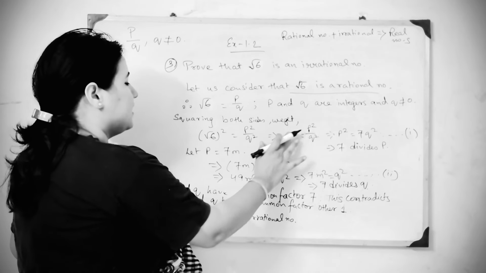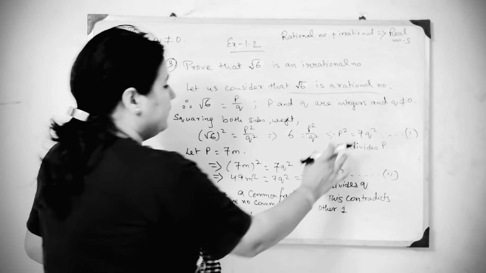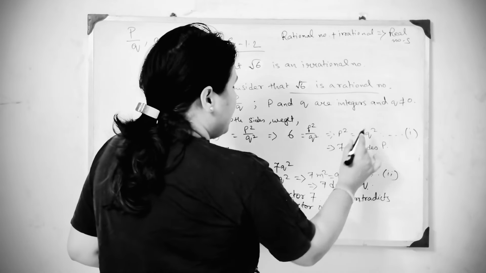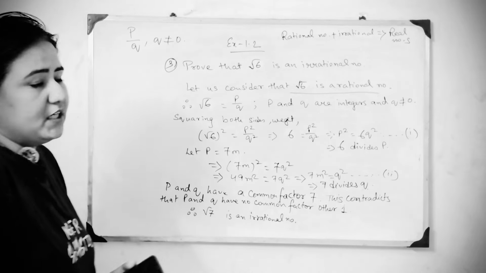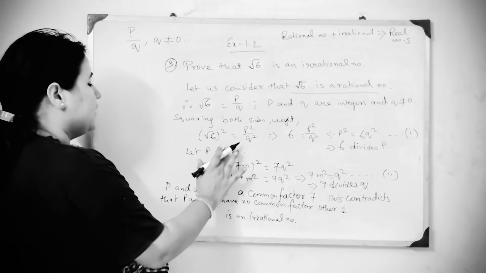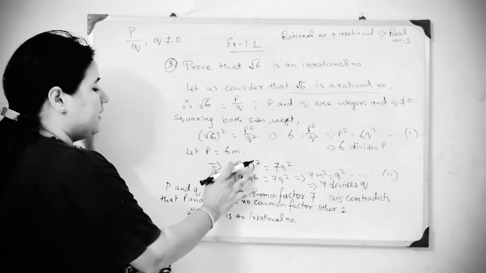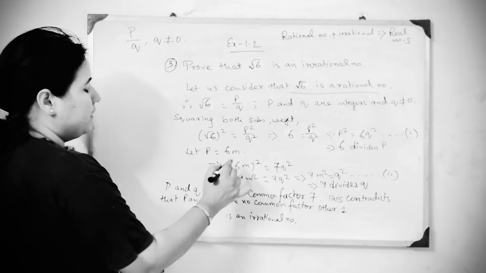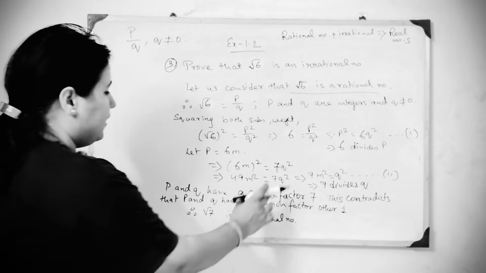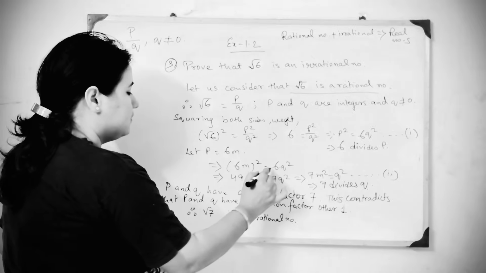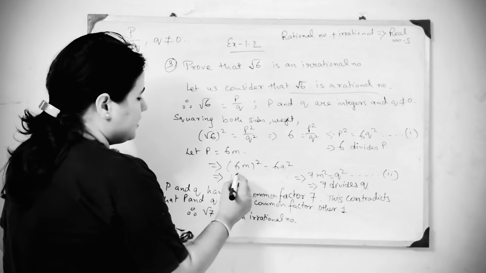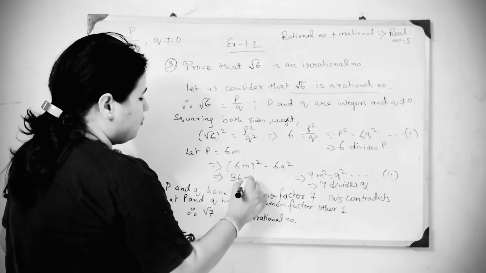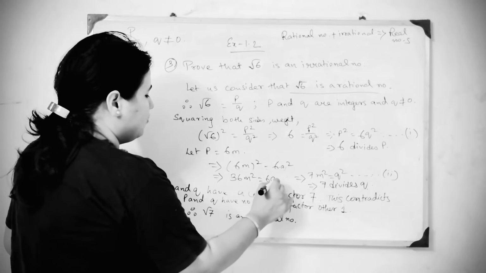We will get 6 on the left, and we can conclude that 6 divides p. So now we can write, let p equal 6m. Now we can write 6m whole square, here also 6q square. We get 36m square equals 6q square.